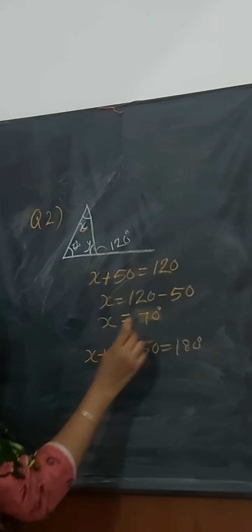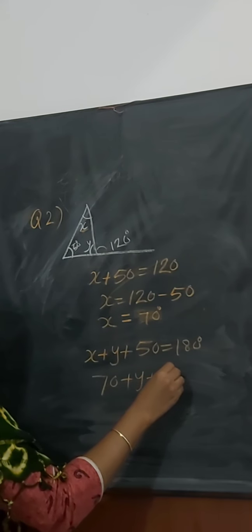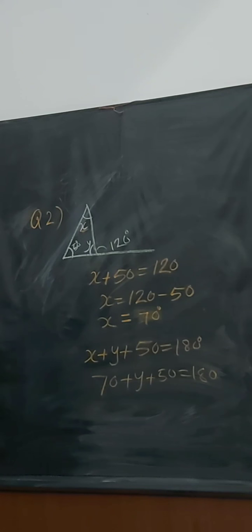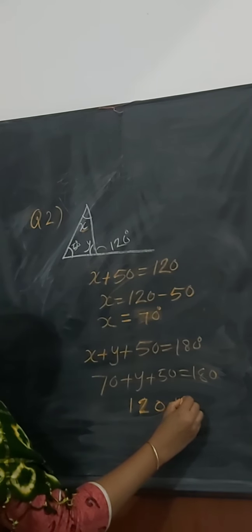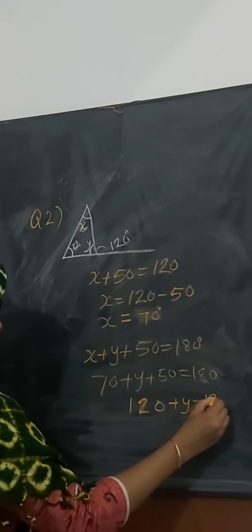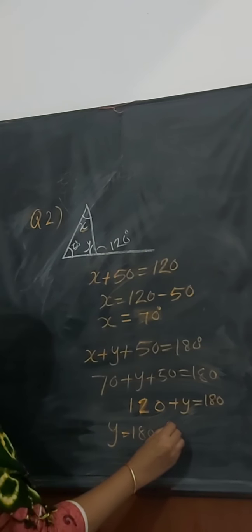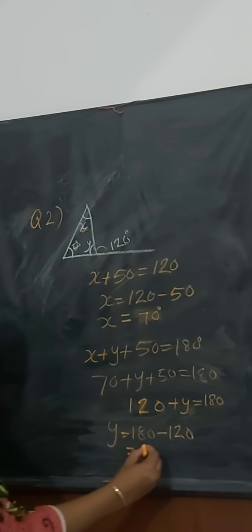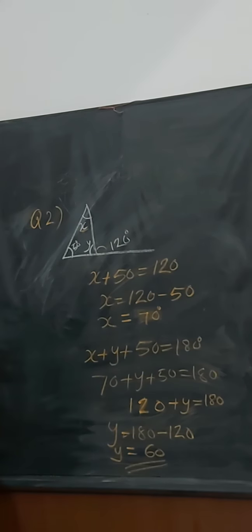We know that x equals 70 degrees. 70 plus y plus 50 equals 180 degrees. 70 plus 50, we get 120, plus y equals 180 degrees. Y equals 180 minus 120. Y equals 60 degrees. We get y equals 60 degrees and x equals 70 degrees.